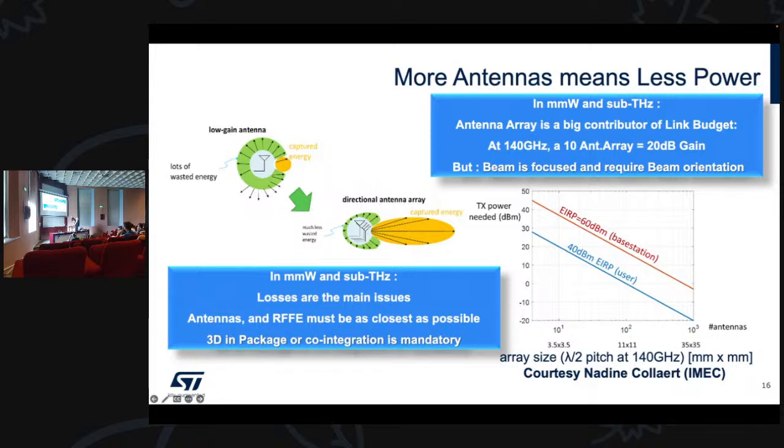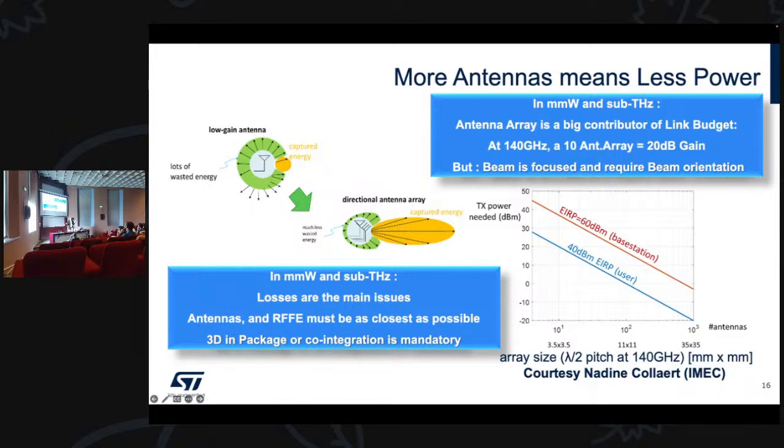You see in that case that the transmit power, which is the power transmitted by the PA, is reducing when you increase your antenna array. So this is an example at 140 gigahertz. This means that with 0 dBm transmit power, I need somewhere an antenna array of 300 antennas.